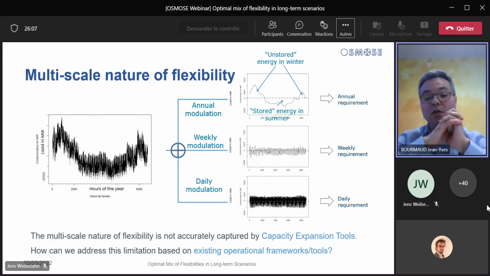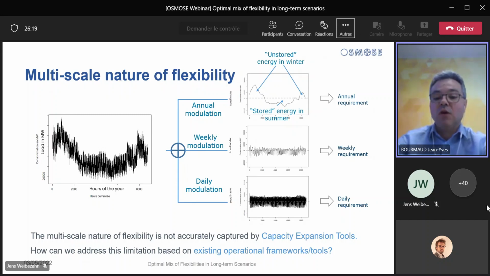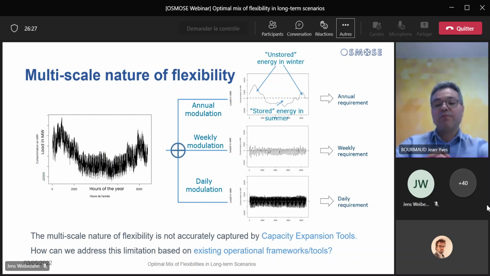Each timescale could be associated with a specific requirement for flexibility. For instance, the annual timescale illustrates how much energy should be shifted among seasons. Here, in this example, there is a need for storage in summer and discharge in winter.